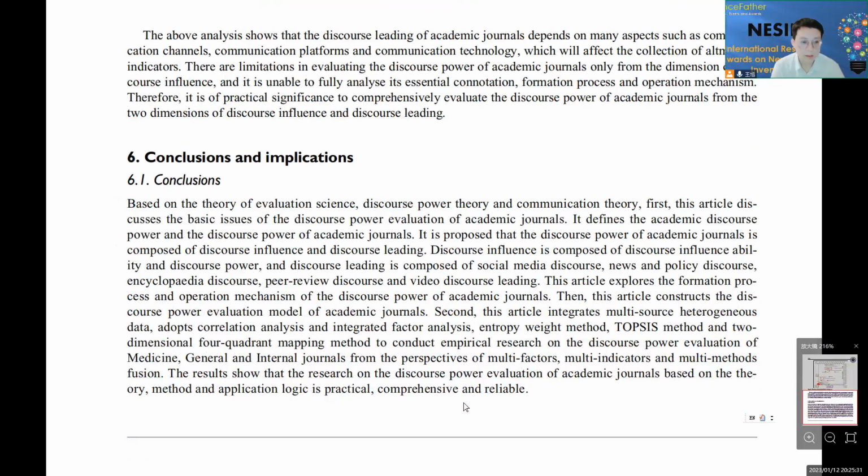6.1 is conclusions. Based on the theory of evaluation science, discourse power theory, and community theory, first, this article discusses the basic issues of the discourse power evaluation of academic journals. It defines the academic discourse power and the discourse power of academic journals.